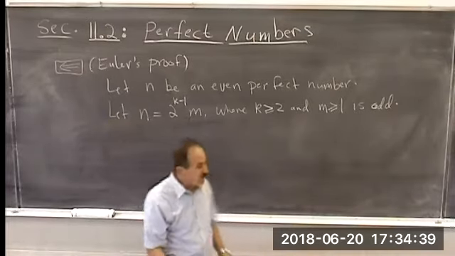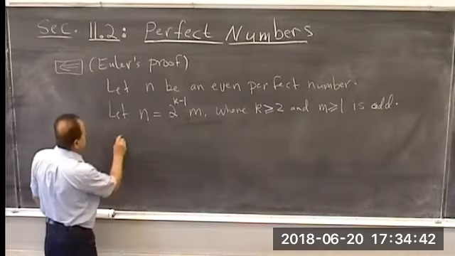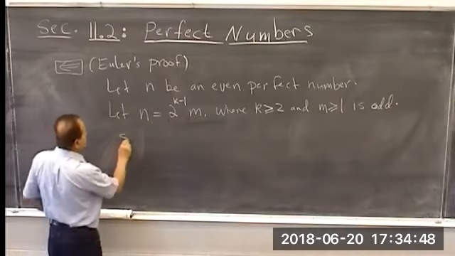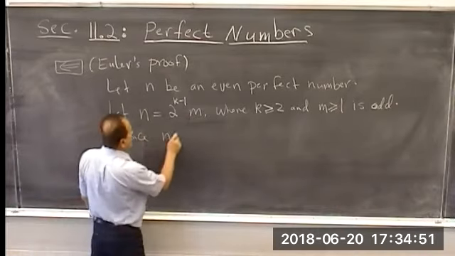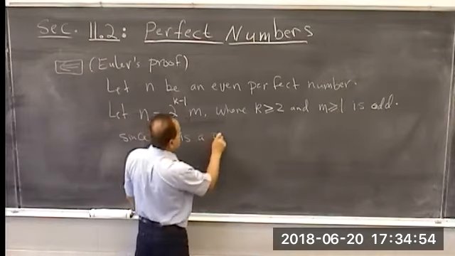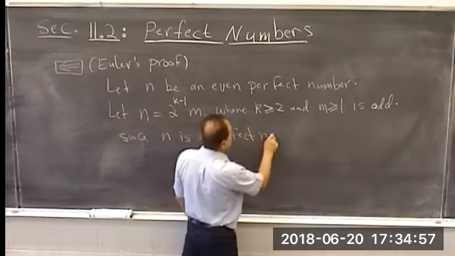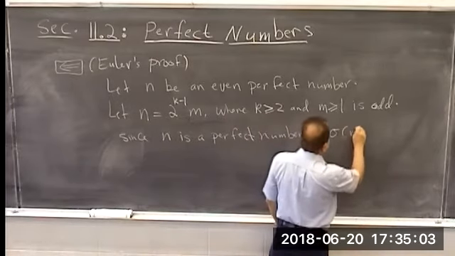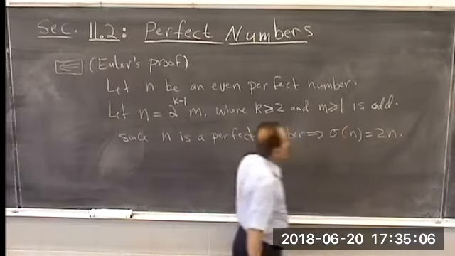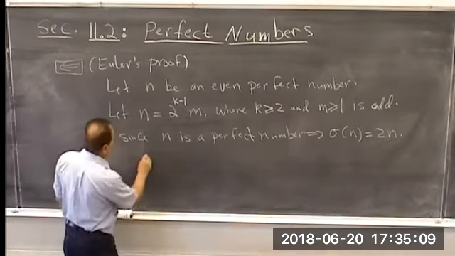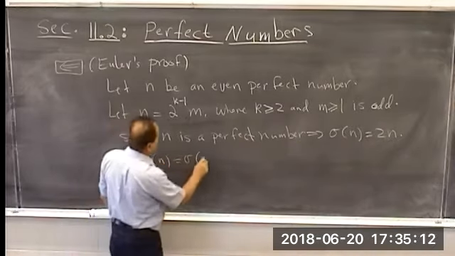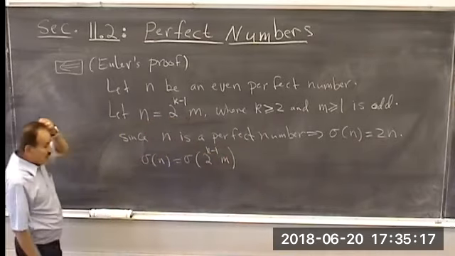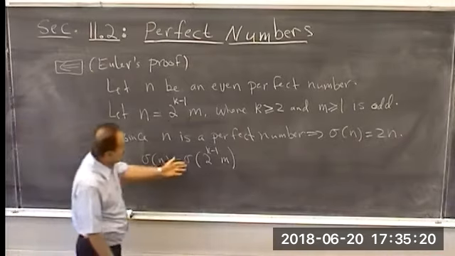All right, now let's look at sigma of n. Since n is a perfect number, this implies that sigma of n is equal to 2n. Let's take sigma of n as sigma of 2 to the k minus 1 multiplied by m. Similarly, 2 to the k minus 1 and m are relatively prime, so this is also multiplicative.